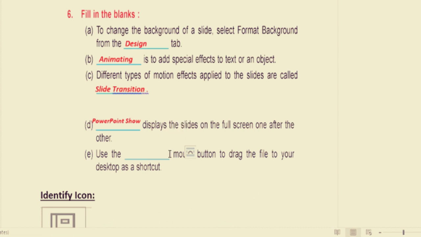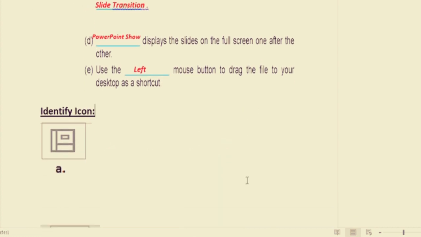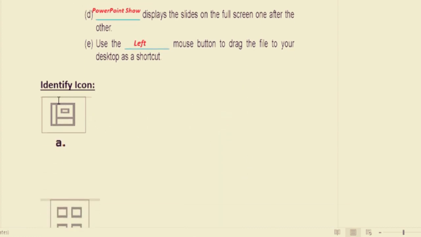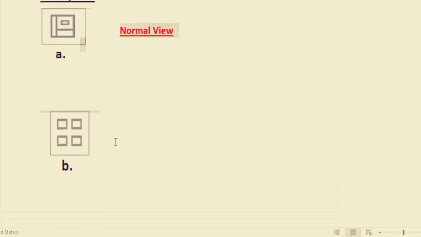Next one, use the mouse button to drag a file to your desktop as a shortcut. Left mouse button. Okay, who can tell which icon is here? Identify the icon. Yes, it is normal view. And this icon, who will tell?